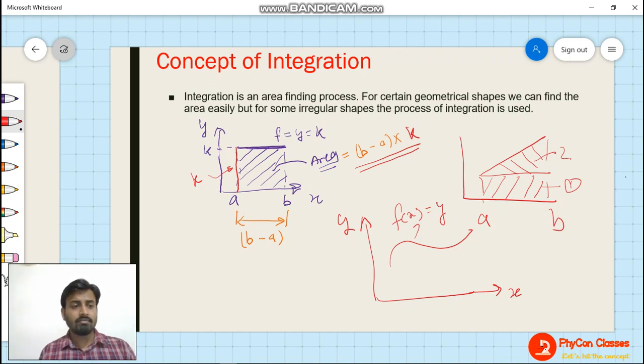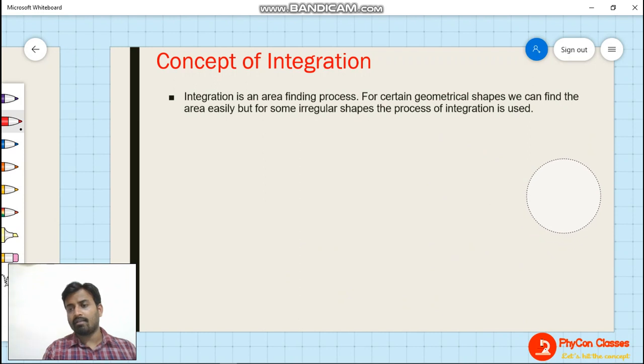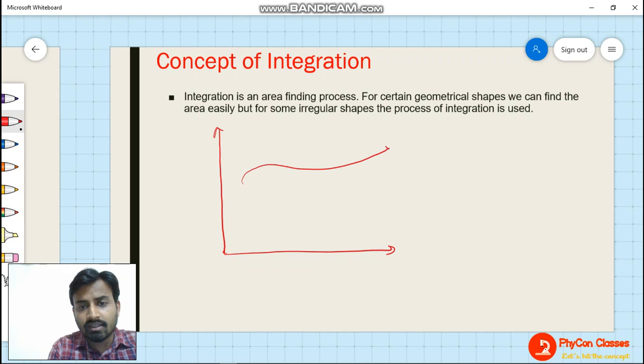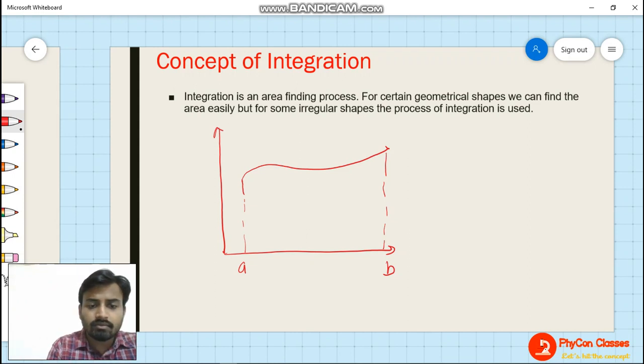So if you have drawn this diagram, I'll just rub everything off here. Now just listen to me and try to understand. Now let's suppose this is the curve. Now see, if I have to find out the area from a to b, better to make it again.